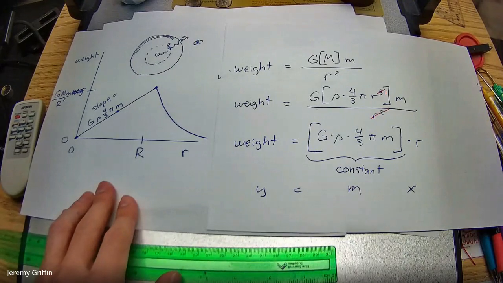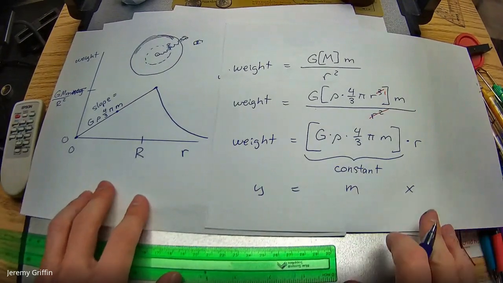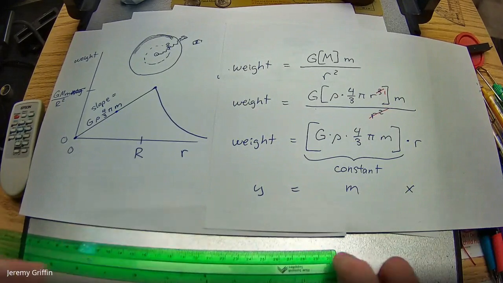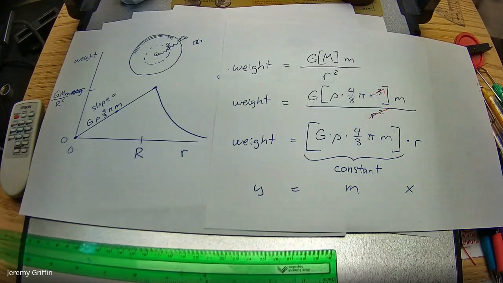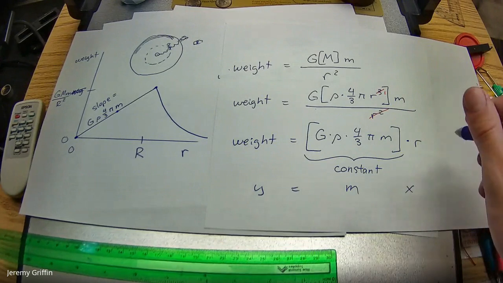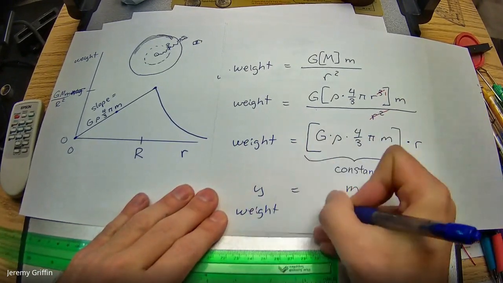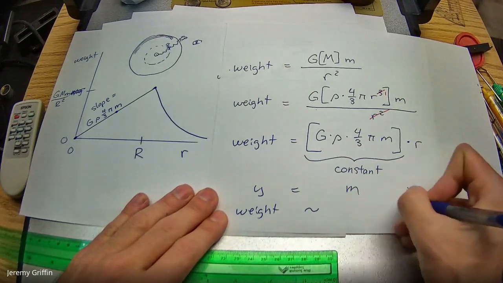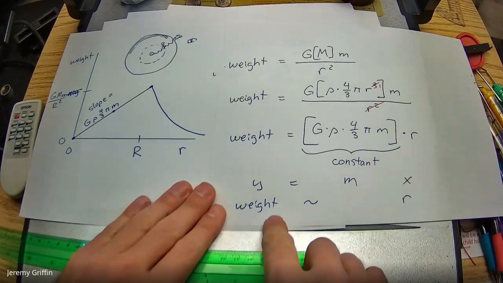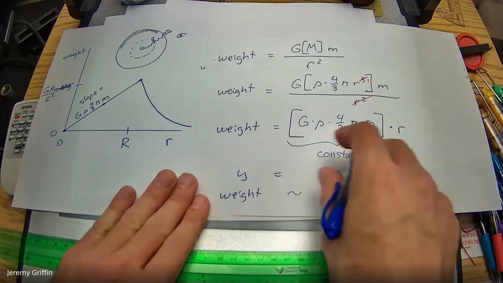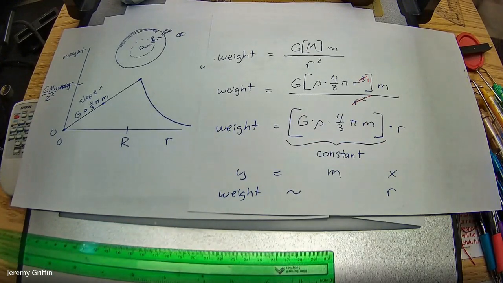So is that like, what's the answer? Oh, so just the fact that this takes the form of y equals mx, where here you can say weight is proportional to r. So weight is directly proportional to r because it just takes that form.